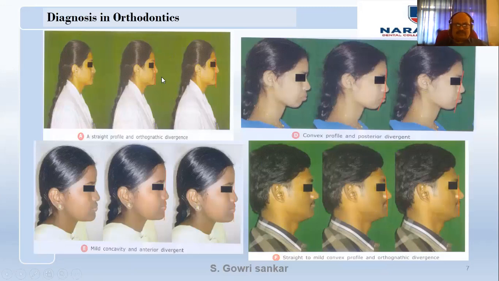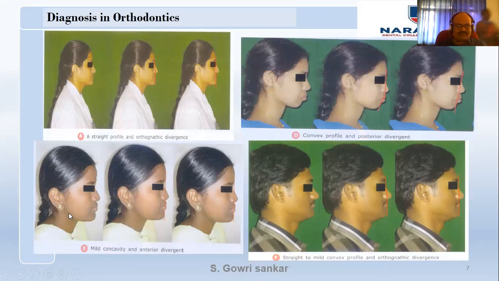So here are some examples to show a straight profile, a posterior divergent face, and a convex profile. Can you see a convex profile and a posterior divergent face? Both of them are present in the same face.